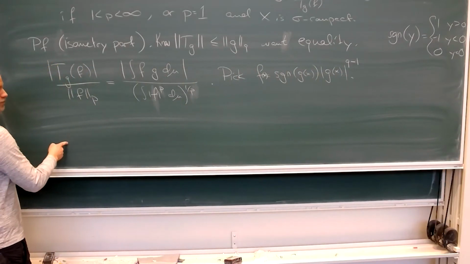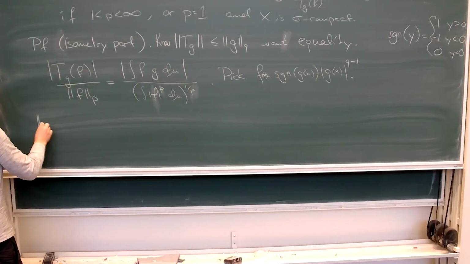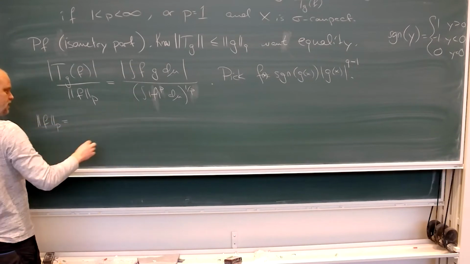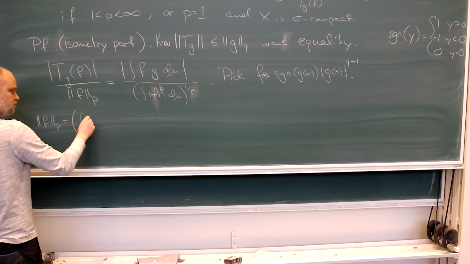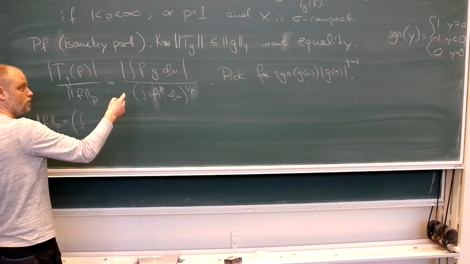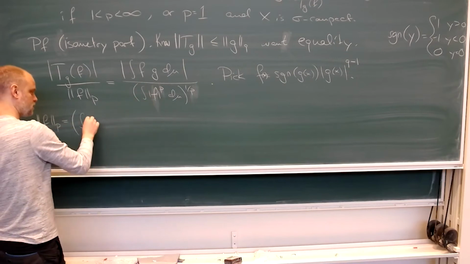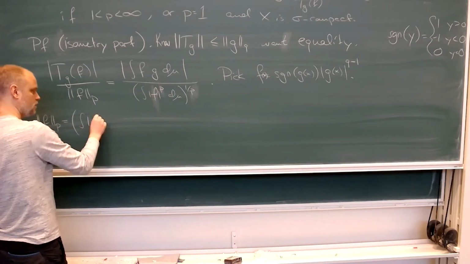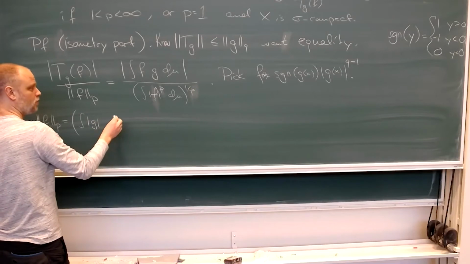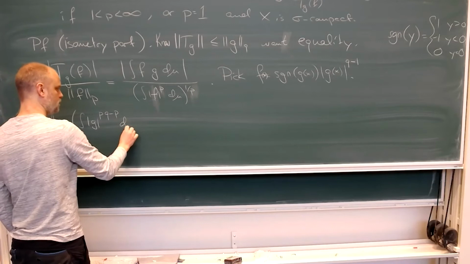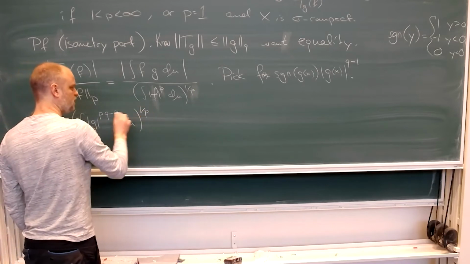Well, this integral here is the integral of, when I take the modulus, the sign disappears. So here I get just |g| to the power of pq minus p, dμ, to the power of 1 over p.